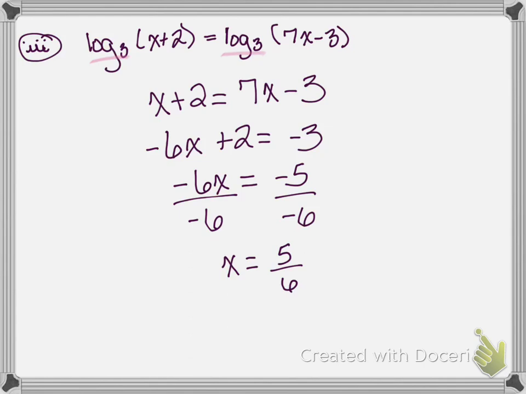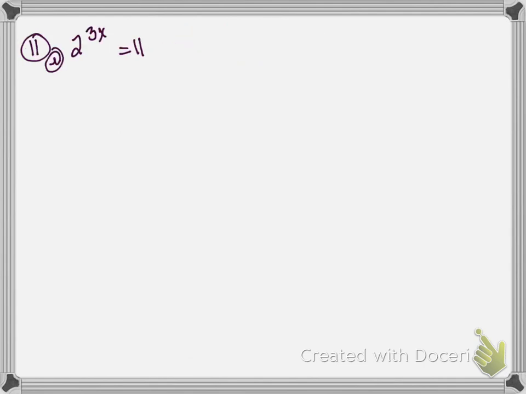So now we're going to look at some exponential equations that cannot be rewritten using the same base. Like my first one, I've got 2 raised to the 3x power equals 11. And there's no way to rewrite 11 in terms of 2.